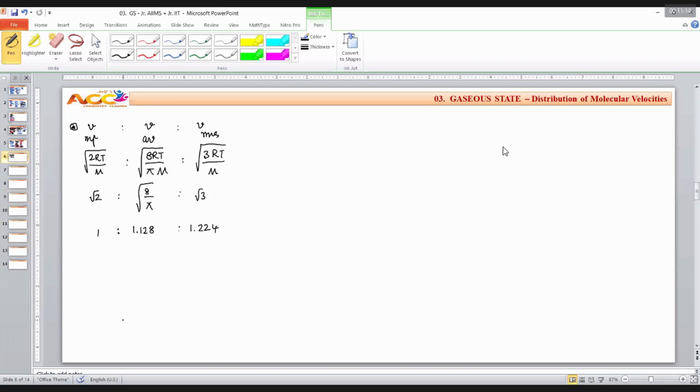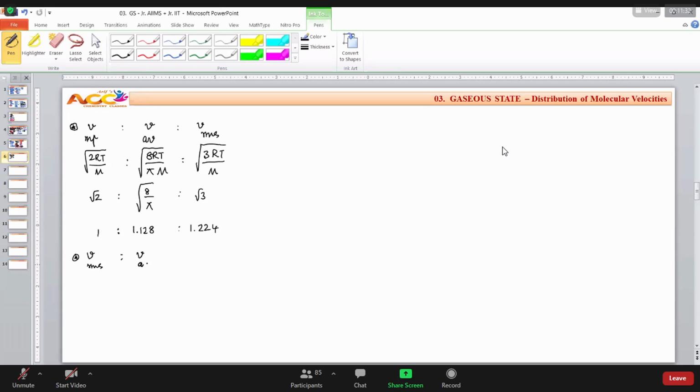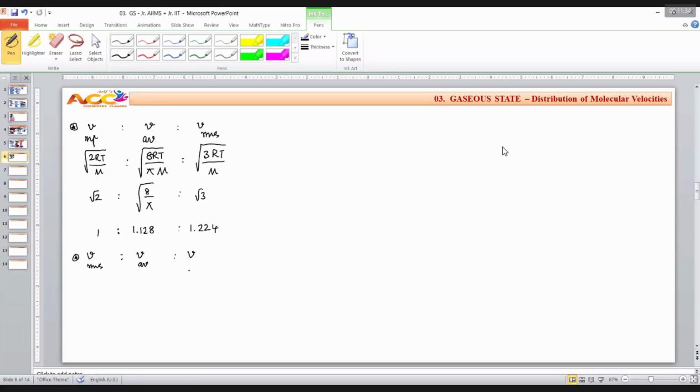Right. Sometimes if they say like this, that we can relate all of these relations, we can relate it. And suppose, for example, if you want to reverse it, larger to smaller, V RMS. If you remember, it is better, especially doctors. V average, V MP, higher to lower value.